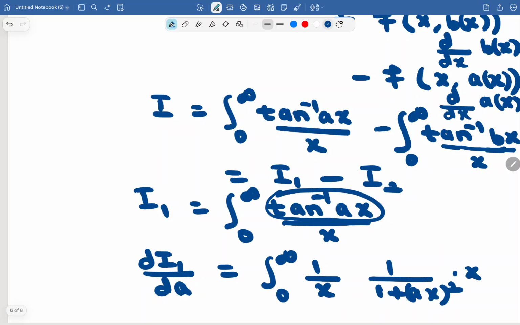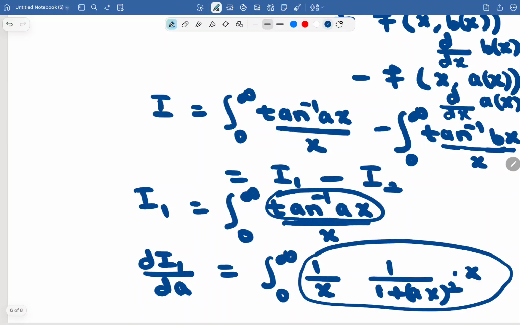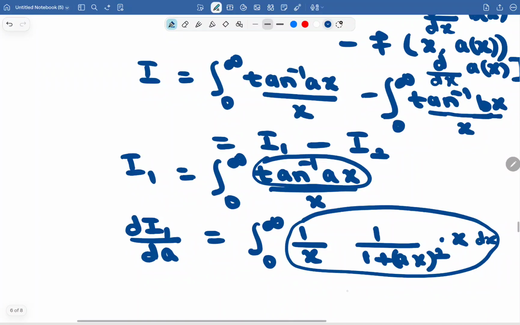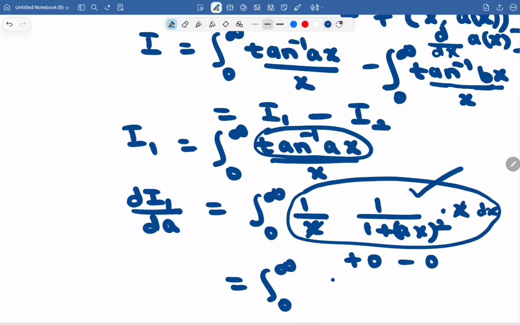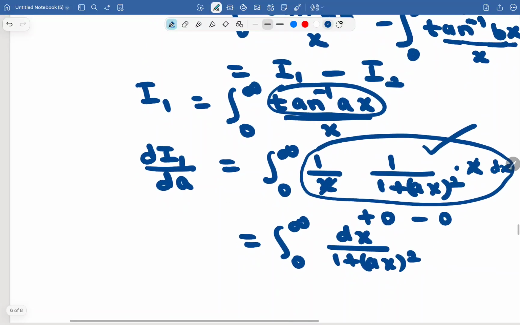I am differentiating with respect to a inside the integral into dx. Upper limit is infinity, therefore 0, lower limit is 0, therefore 0. Since I am getting only this value, x will get cancelled. Integral 0 to infinity dx by 1 plus ax the whole square.